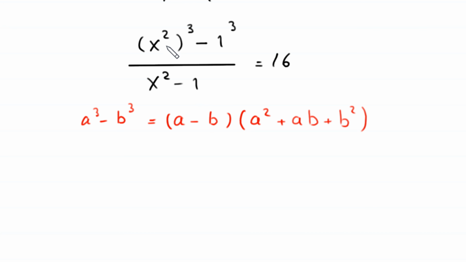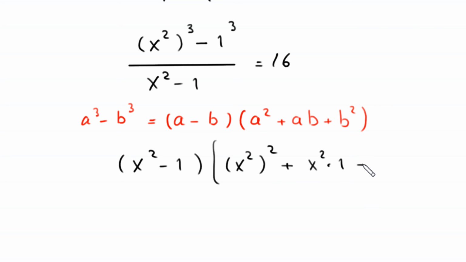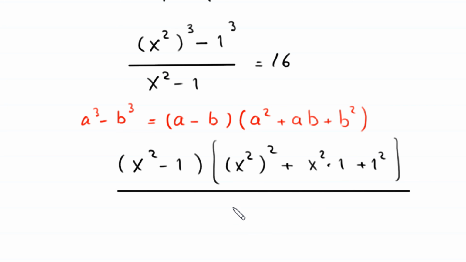This expression in the numerator will become x squared minus 1 times x squared whole squared plus x squared times 1 plus 1 squared, divided by x squared minus 1, equal to 16.